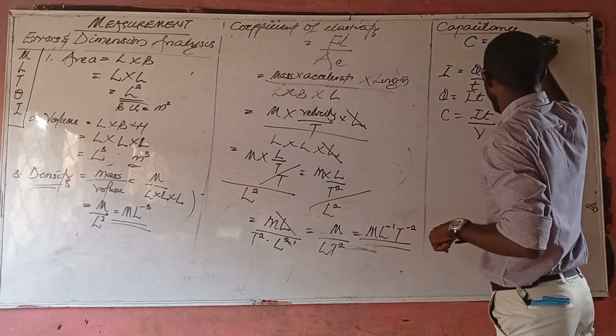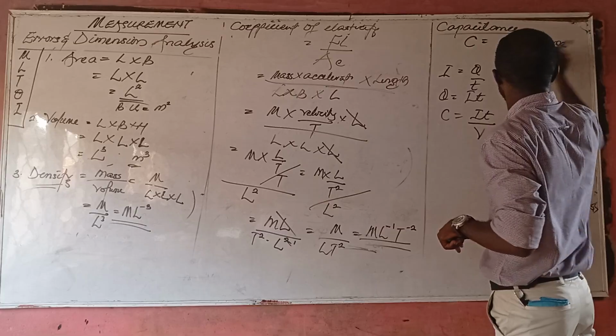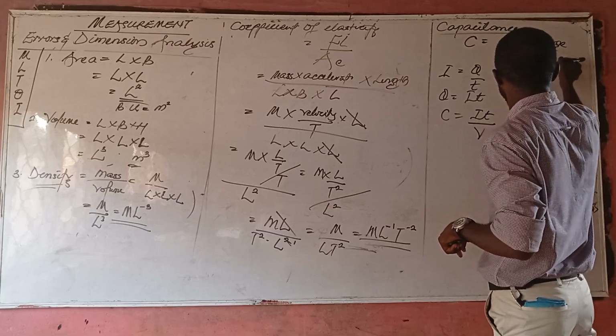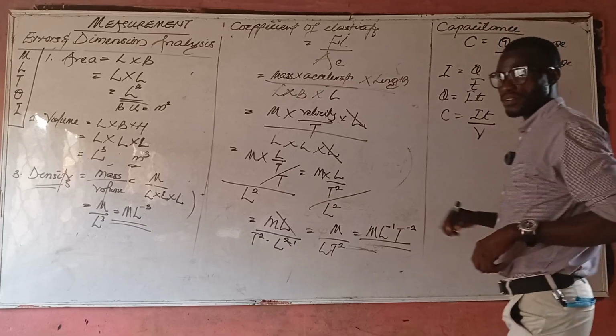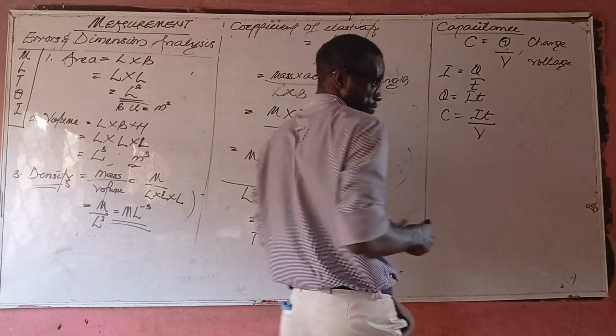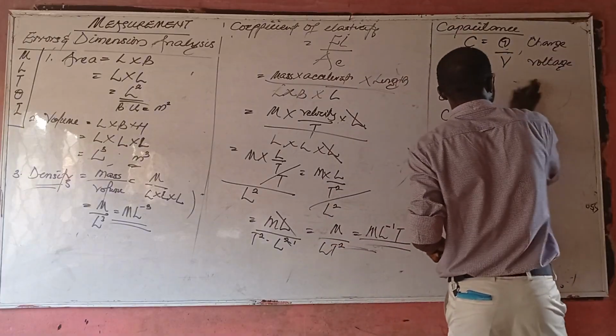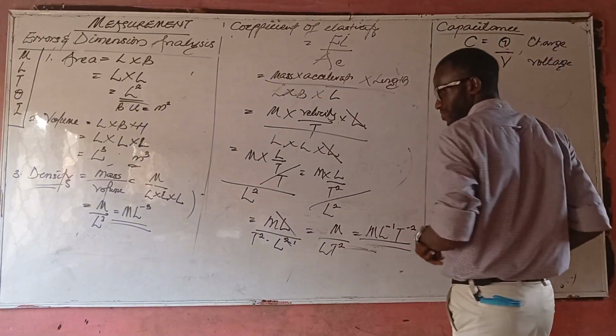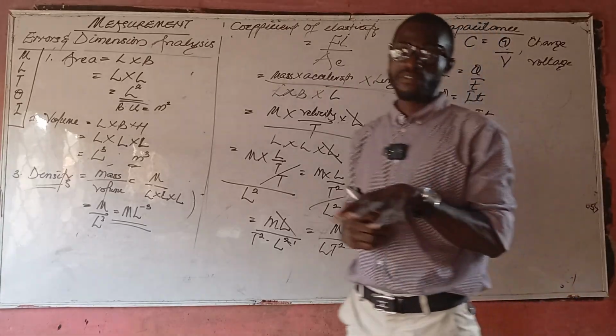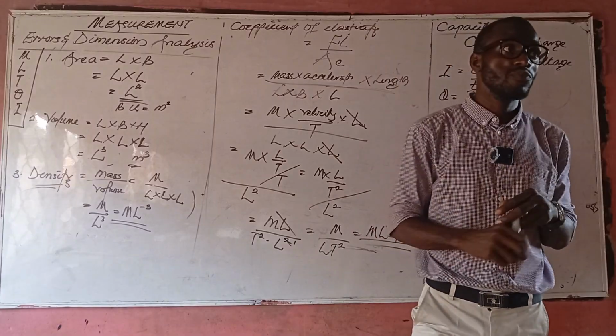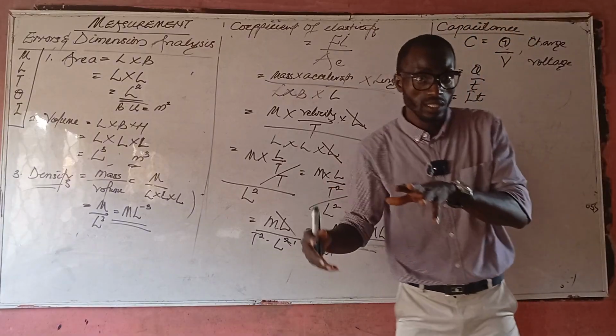Q is charge. This one is voltage. Now we have to find a formula for voltage as well. Let me explain what voltage is first. Voltage is the work done in bringing a point charge from one point to another.